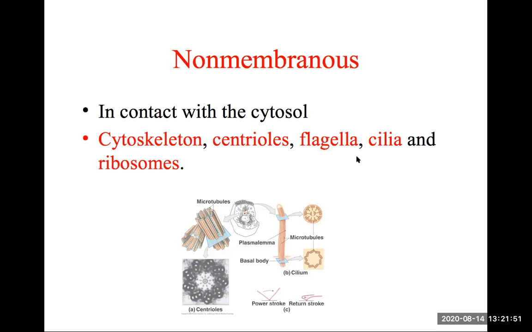In humans, the only cell that has a flagella is a sperm. And the cells with cilia are going to do things like move the egg across the surface as the egg passes through the uterine tube. Right? So these are for movement.